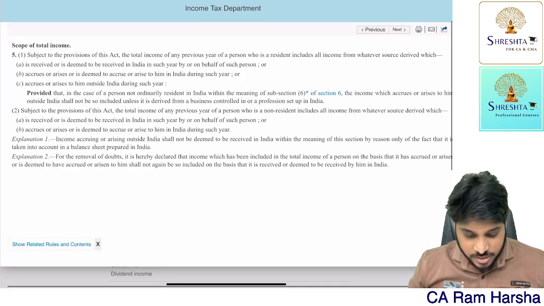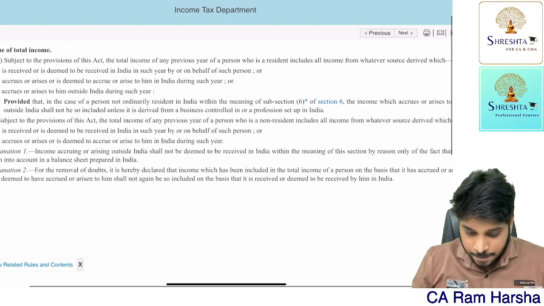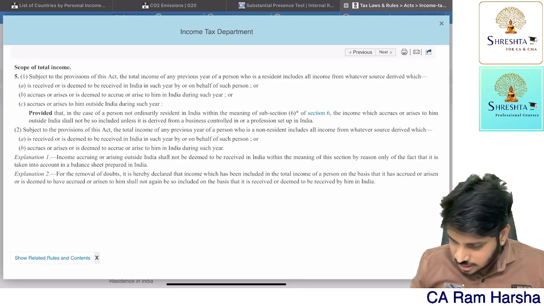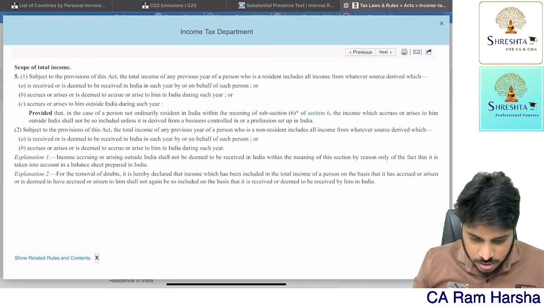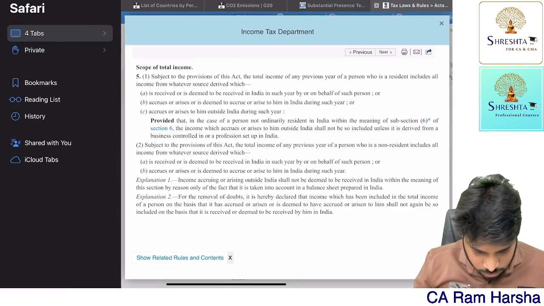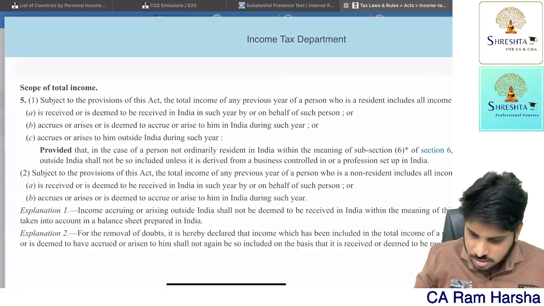I told you, this has only 2 subsections. Subsection 1. What is it saying? How to zoom this now? I just want to increase the size. Here some plus button will be there logically. Fine. Anyhow, let me be like this.